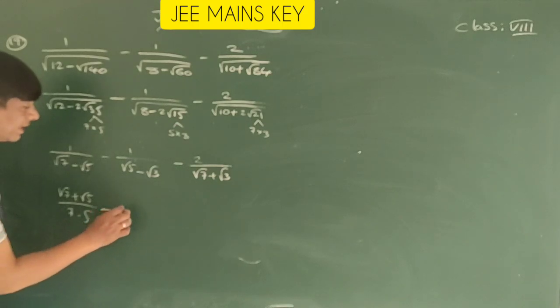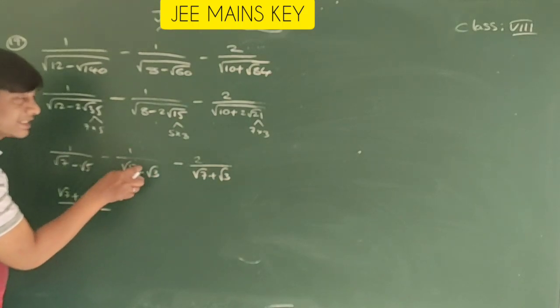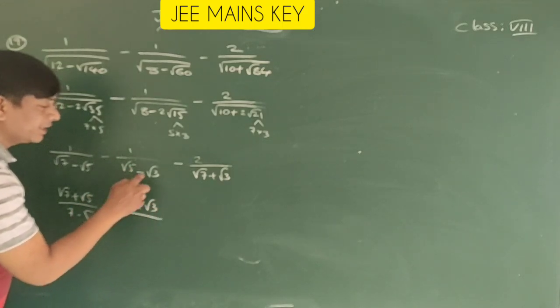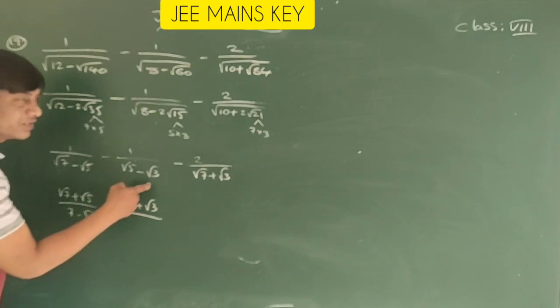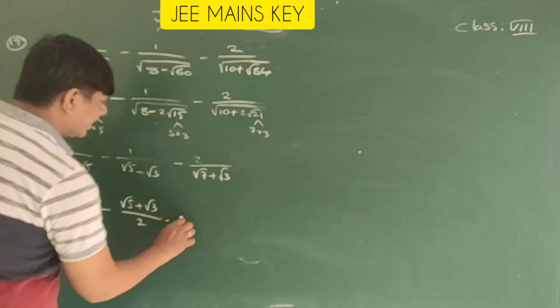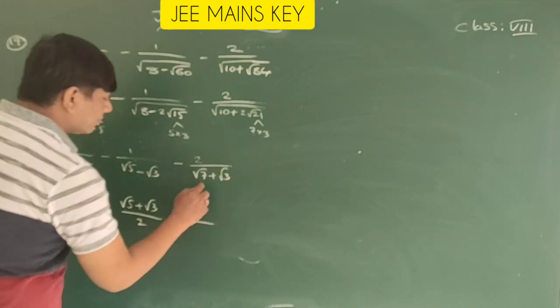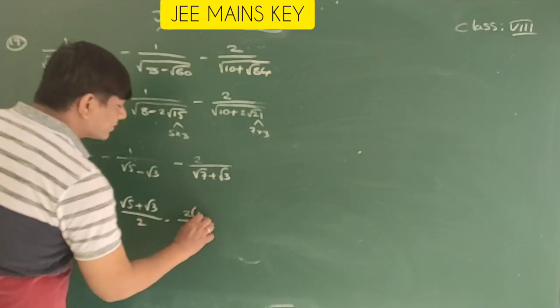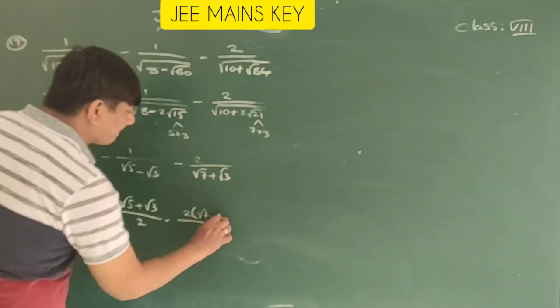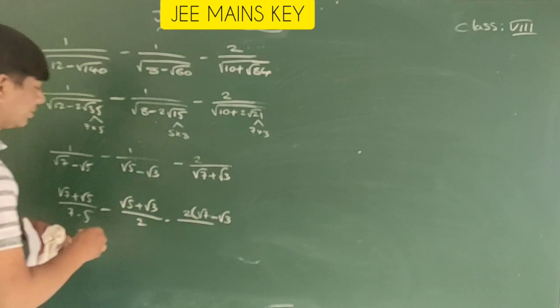Again the rationalizing factor is root 5 plus root 3, and root 5 whole square minus root 3 whole square is 2. Now minus 2 by 2 into the rationalizing factor, root 7 minus root 3.